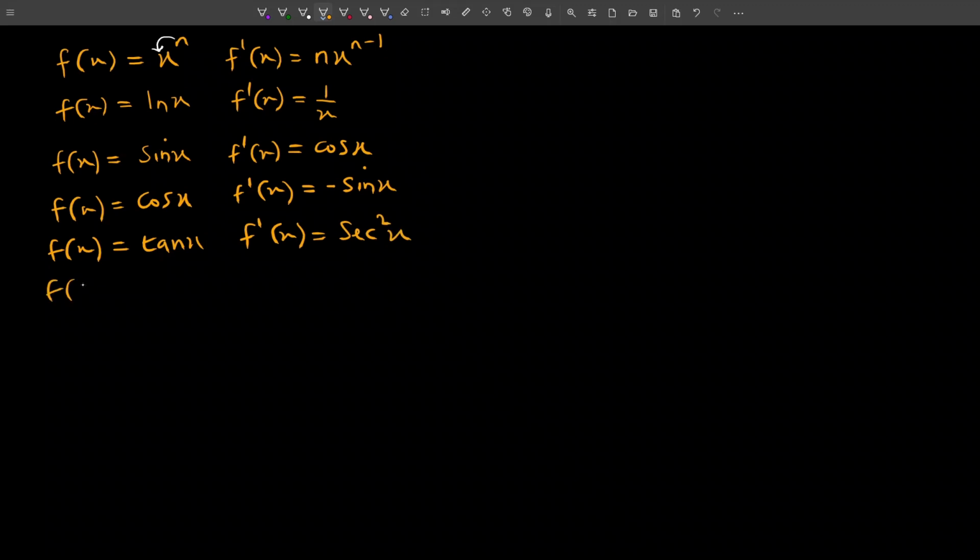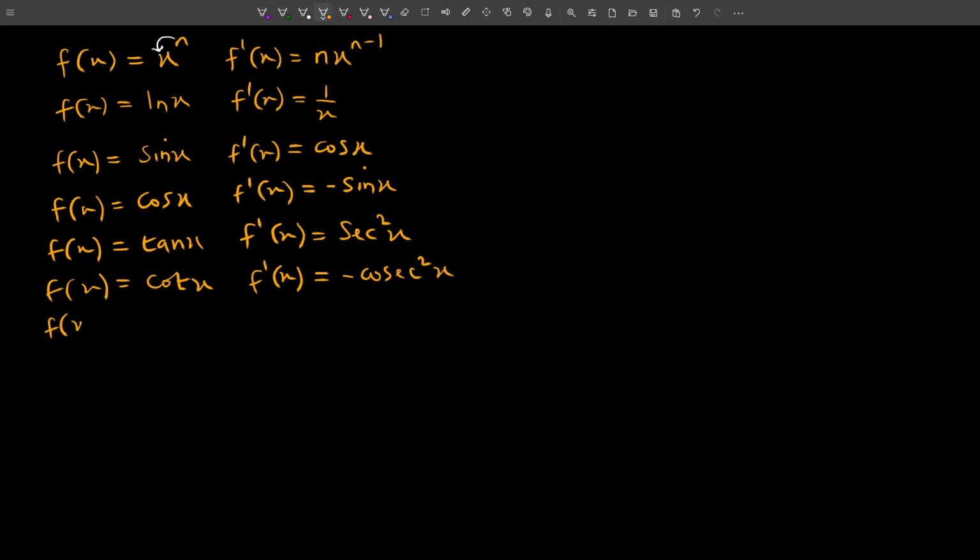We're given a function cot x, then the derivative of the function will be equal to minus cosec squared x.